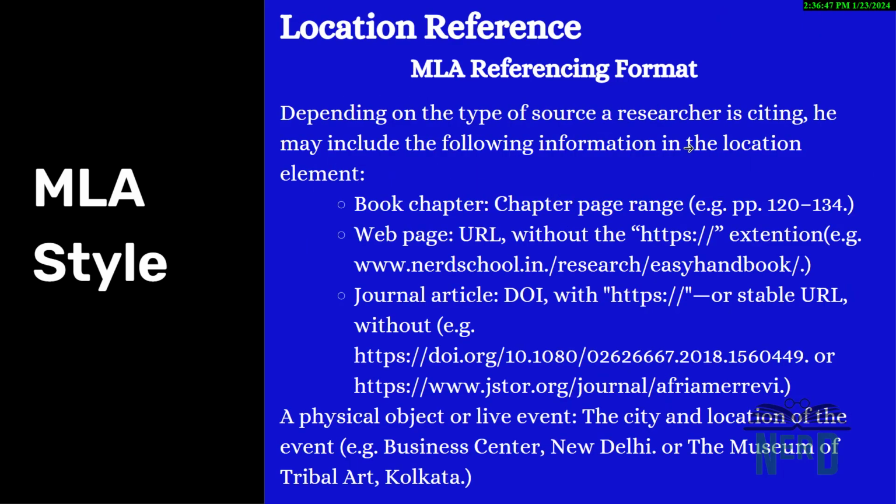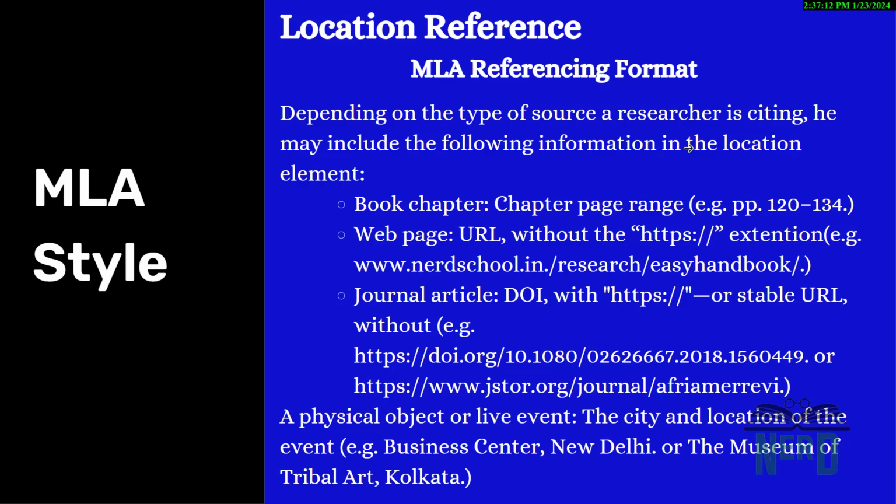Then we have location references, right? And what is that actually? Suppose there is a book chapter, then the chapter page range, like 120 to 134, you have to mention. And then for a web page, the URL without the HTTPS colon, that should not be there. For example, www.nerdschool.in.